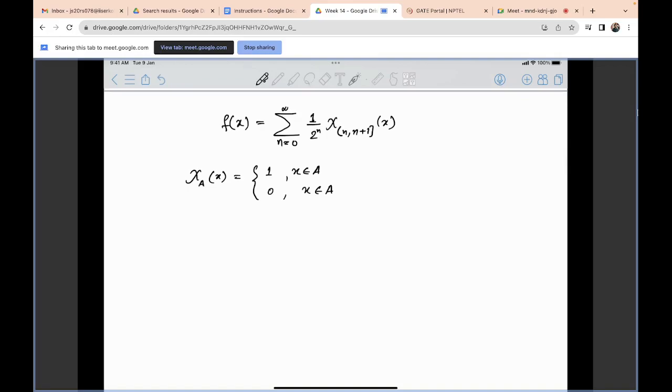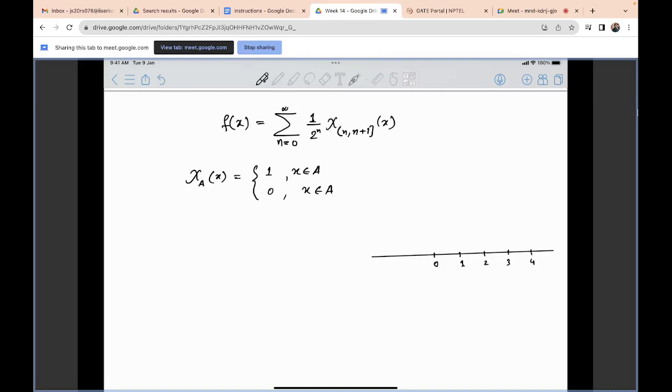Now look at how this function will look. So let's say this is 0, this is 1, 2, 3, 4 and so on. Note what happens when x equals 0.